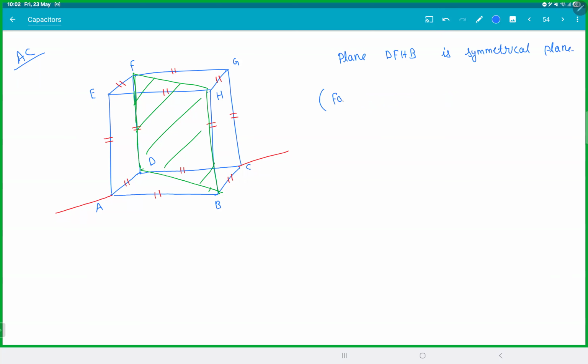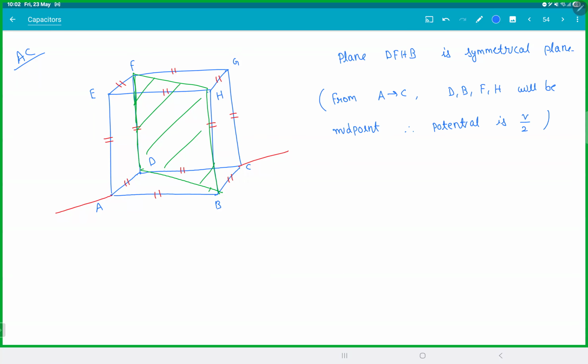You will notice D, B, F, H will be midpoints. And left and right are same. If left and right are identical, and you're at a midpoint, your potential is half, assuming one is 0 and one is V. It will be VA plus VC by 2 actually. You're done.